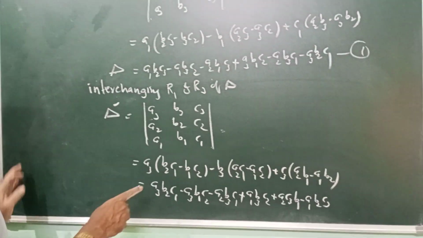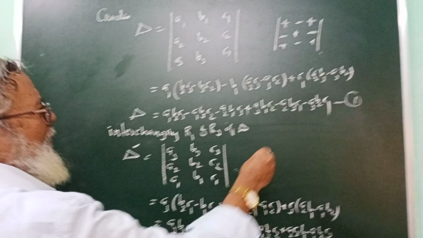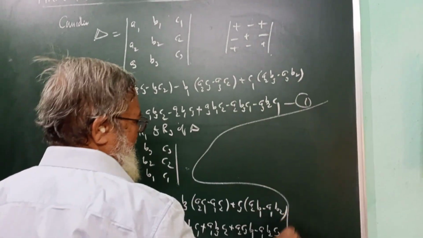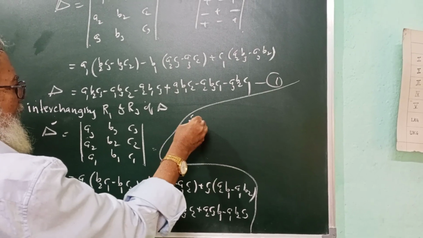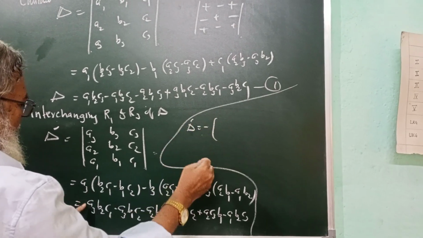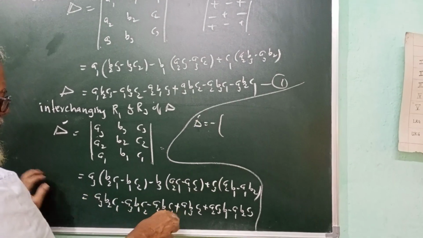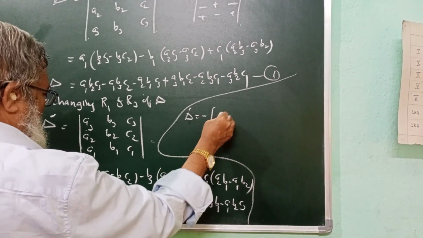Now what we do is we take the minus sign common from this and let us write here. If you take the minus sign common, all the positive terms will become negative, and negative terms will become positive.